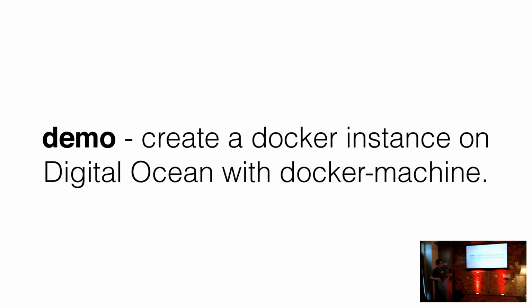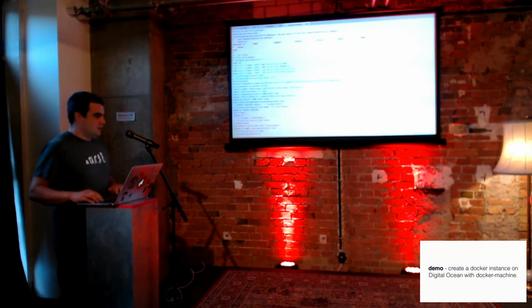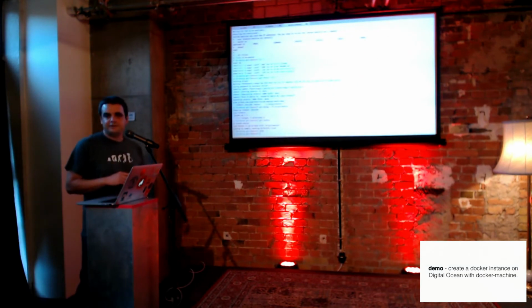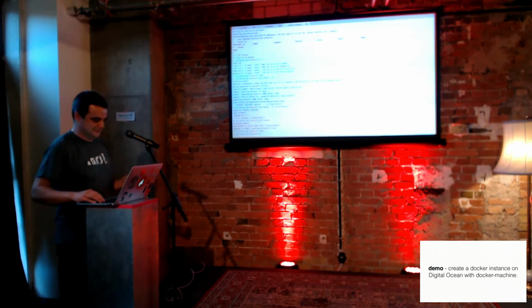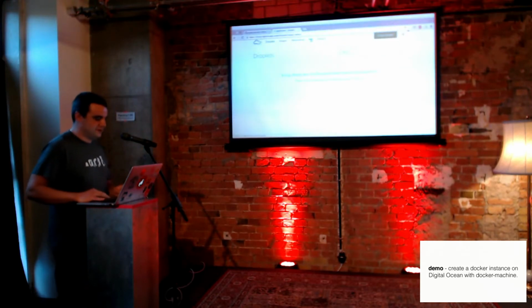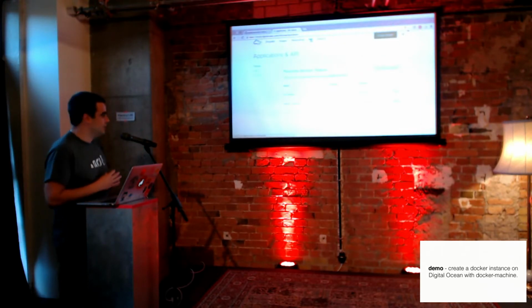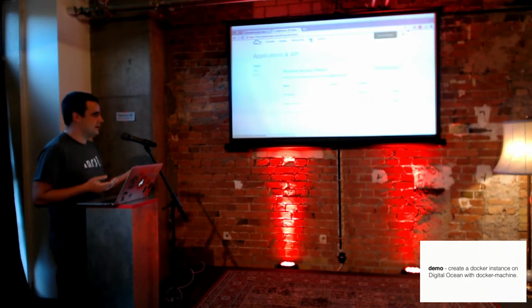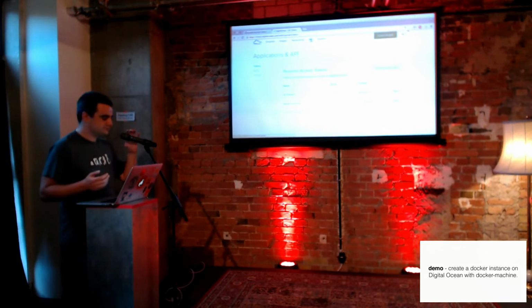The first thing that we're going to do now is create a Docker engine instance inside of DigitalOcean. How many people already did that? Raise hands. Cool. That's pretty nice. So to do that, the first thing that you have to do is log in to your DigitalOcean account and generate a token.